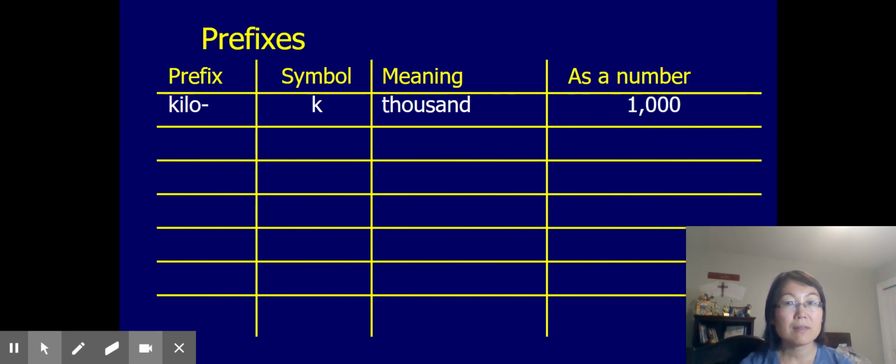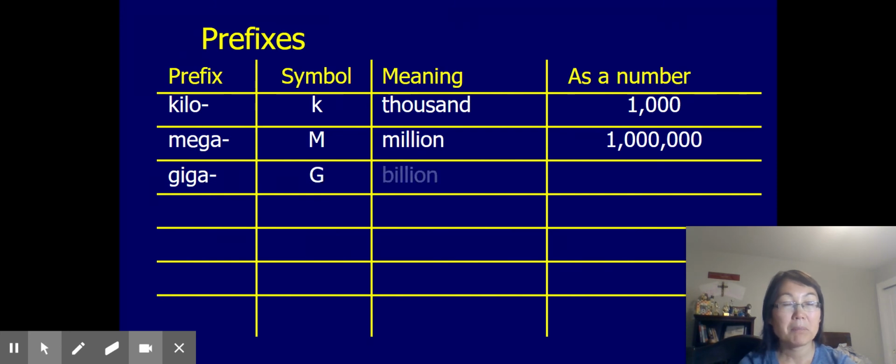Kilometers means 1,000 meters, kilograms means 1,000 grams. Okay, and there's mega. That's a big one. If you're familiar with computers, you know that it means a million. There's also giga. We see gigabytes. That's a billion.